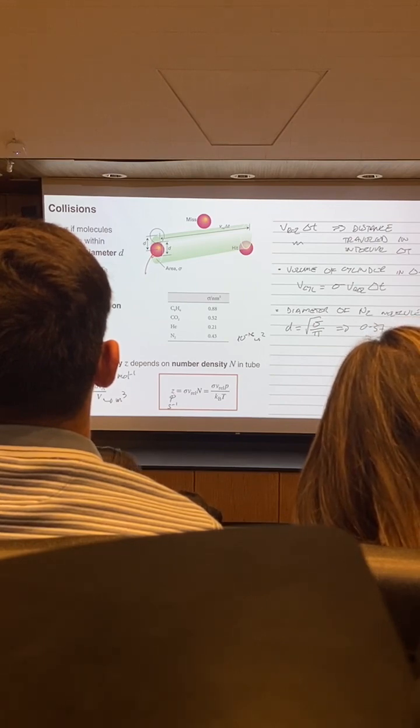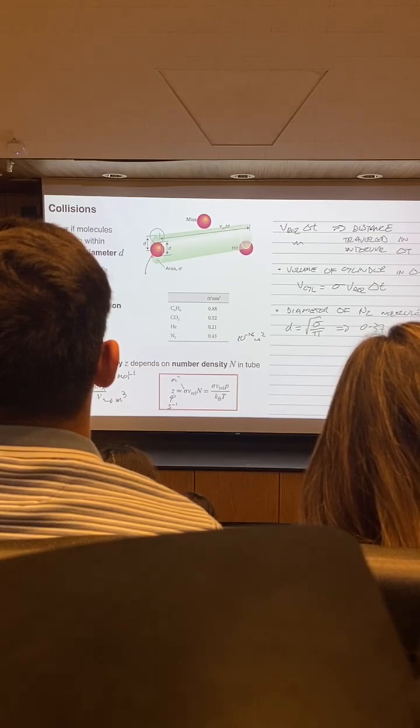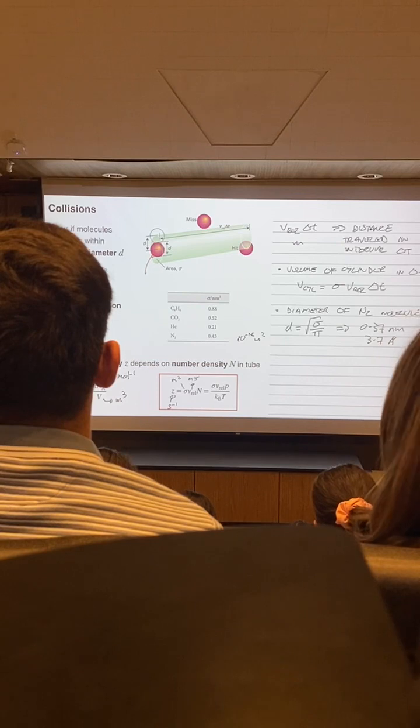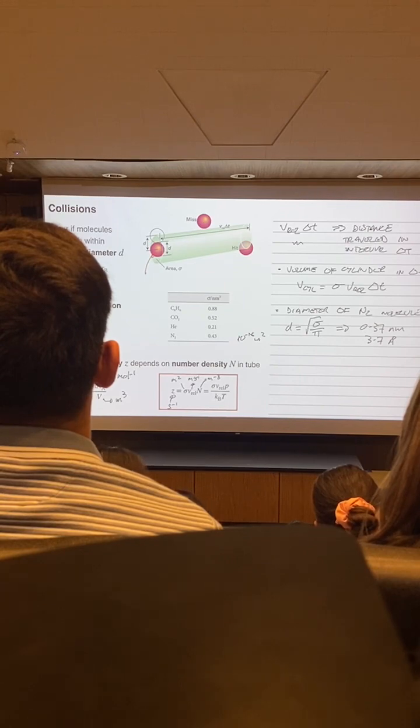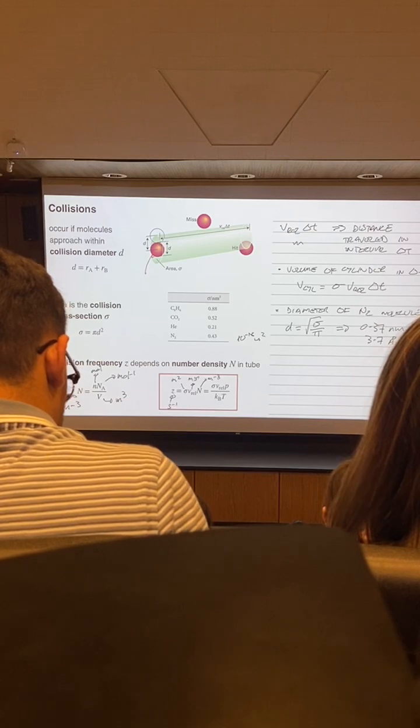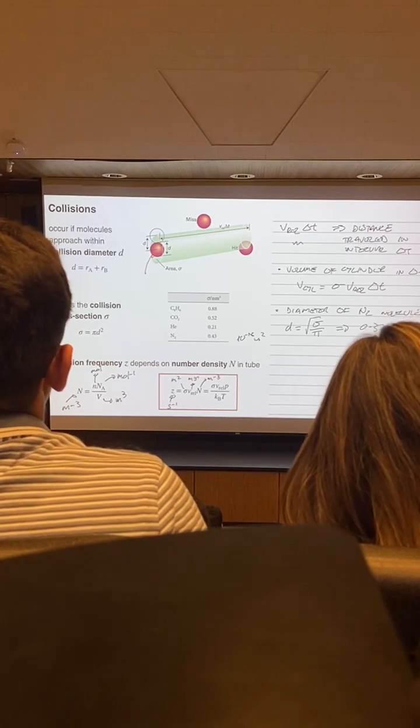Again, the units should make this kind of clear. We've got a cross section here, which is in square meters, a relative speed, which is in meters per second, and then a number density, which is in meters to the minus 3, number of molecules per cubic meter. All of the meter factors cancel out to leave us with a frequency of collisions per second.